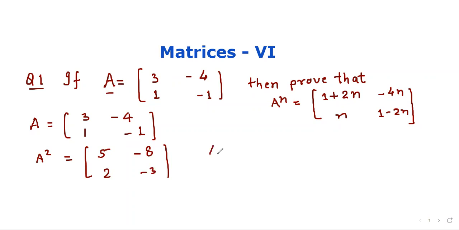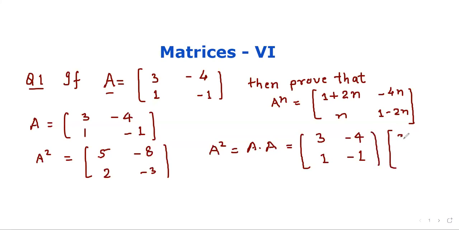So we get A squared equal to A into A. We put the values. So A is [3, -4; 1, -1] times [3, -4; 1, -1]. Let's multiply. So 3 times 3, 9, minus 4 means 5.